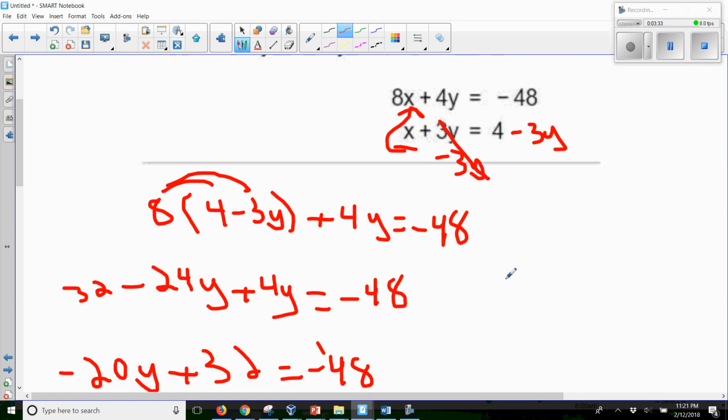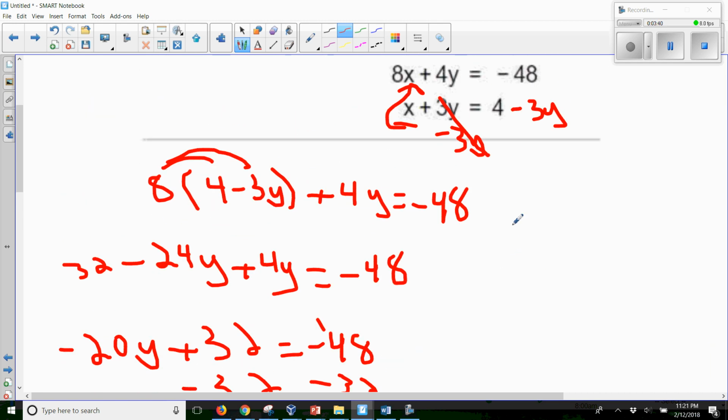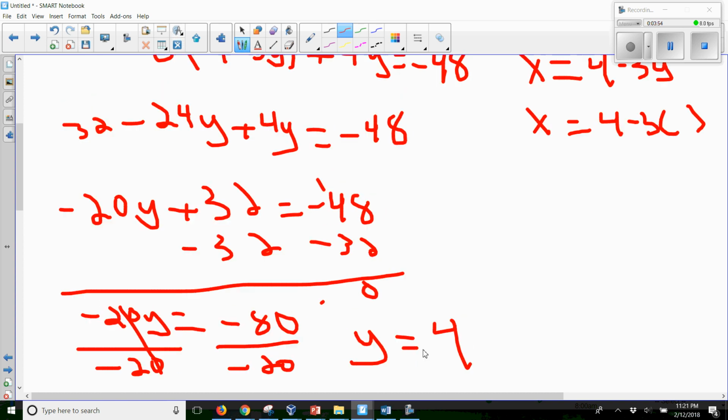Now, before up here we had x in terms of y. So we go back to where we have x equals 4 minus 3y. Now we know what y is, so we substitute that in, which we just got to be 4.